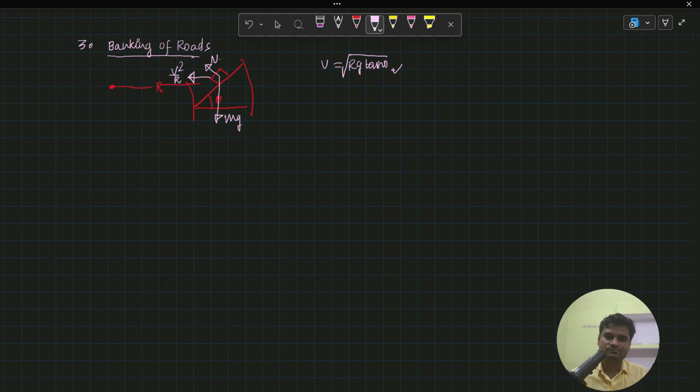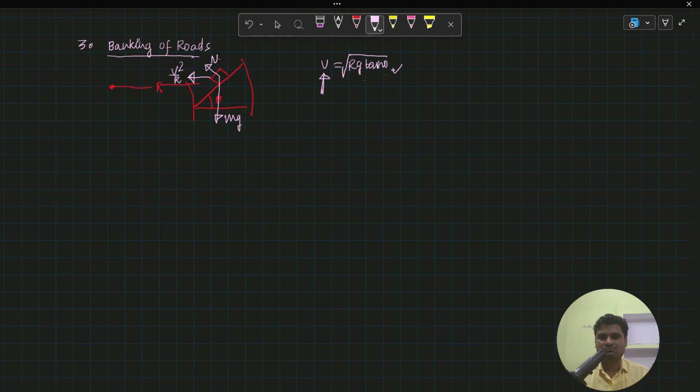But what happens when our velocity goes on increasing beyond this velocity? Now suppose that our vehicle is speeding up on this track beyond this velocity. The angle is fixed, g is fixed, so the car has to go on a bigger radius, on a wider track.